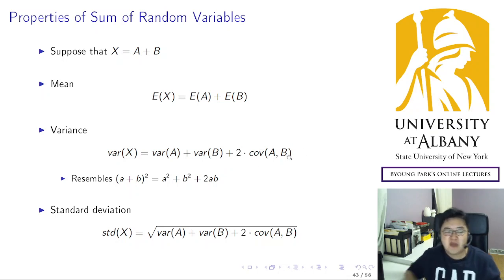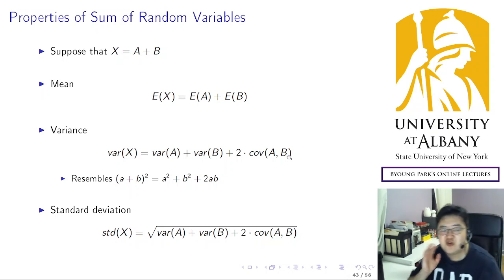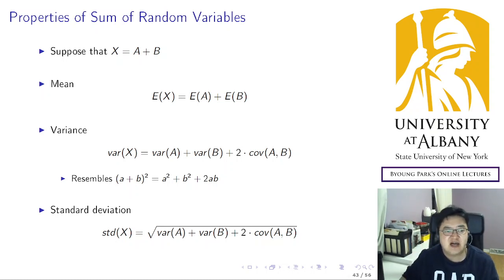And I recommend you to think of it this way. You may understand variance as a kind of square, right? So variance is basically related to squared deviations, so it involves a process of squaring the number. So you may imagine something like this. X is A plus B. If you take variance of X, that can be thought of as taking the square of A plus B, right?